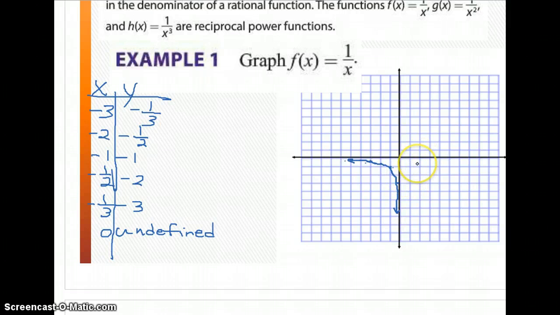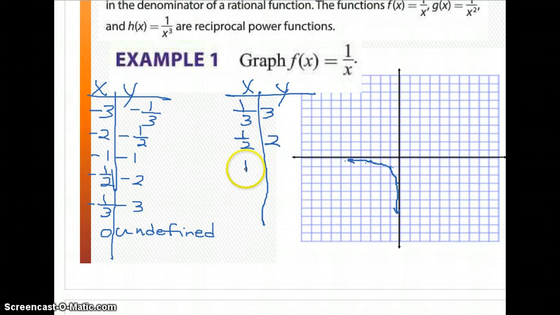Okay, so let's look at the other side of this, where the values are positive. If x is equal to 1/3, y would equal 3, and 1/2 would give us 2, and 1 would give us 1. 2 would give us 1/2, and 3 would give us 1/3.